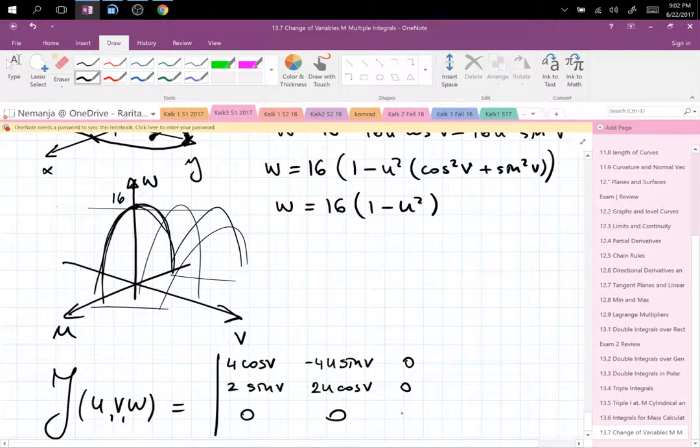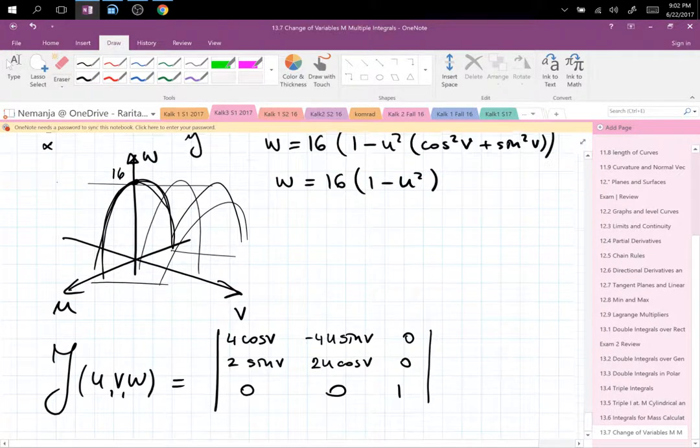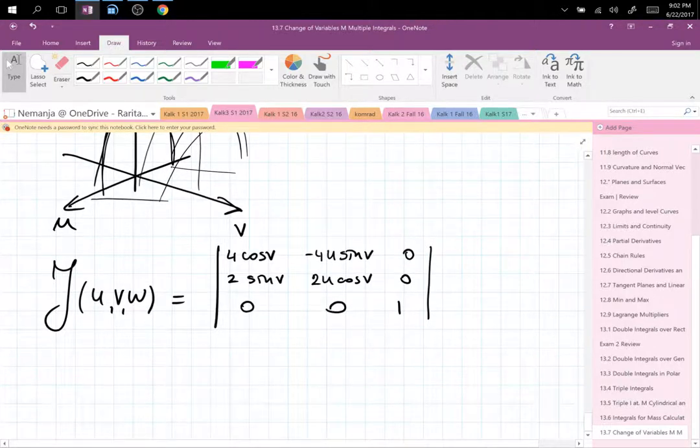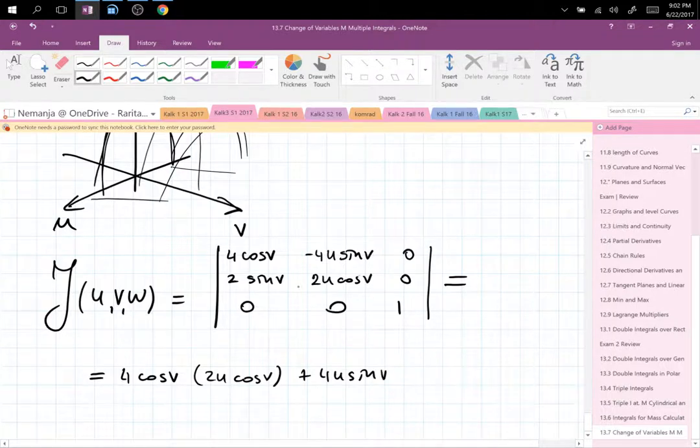And this is 0, 0, 1. So this is not a problem. You have 4 cosine v times 2u cosine v minus, and minus is plus, 4u sine v times 2 sine v, times 1 minus 0, and then 0. Nice.